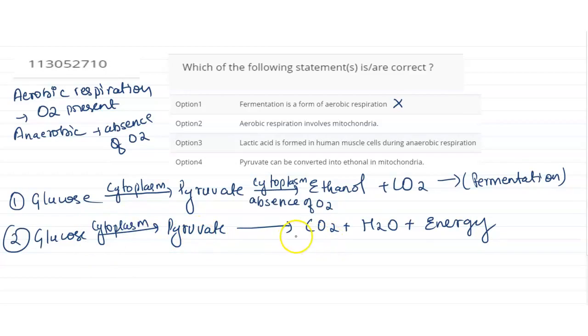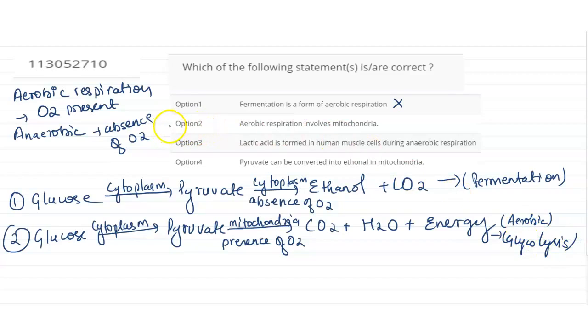This pyruvate, when completely broken down, is processed in mitochondria in the presence of oxygen, and this process is aerobic. Option number 2 is the correct answer. It involves mitochondria. Yes, it involves mitochondria.